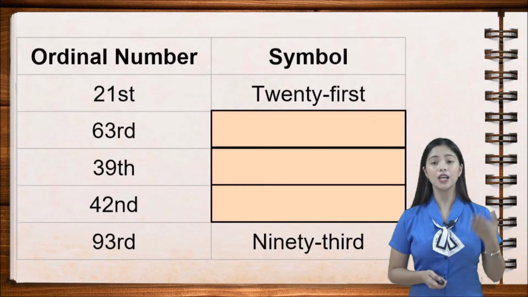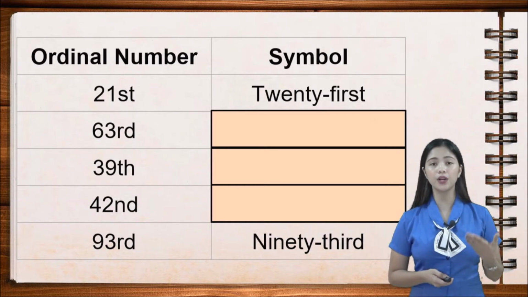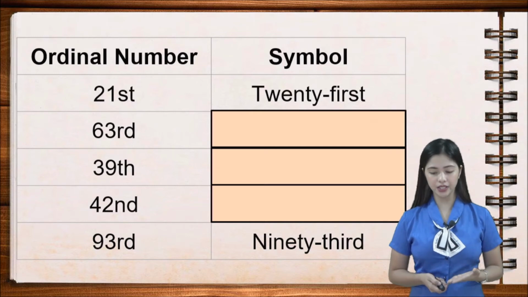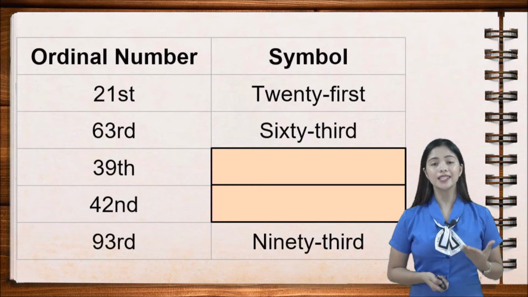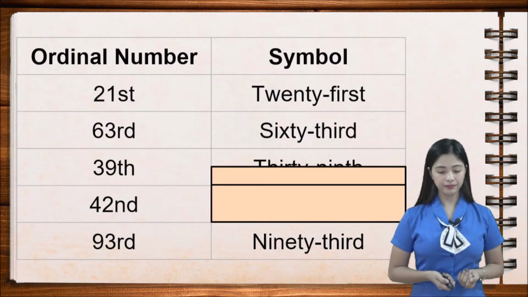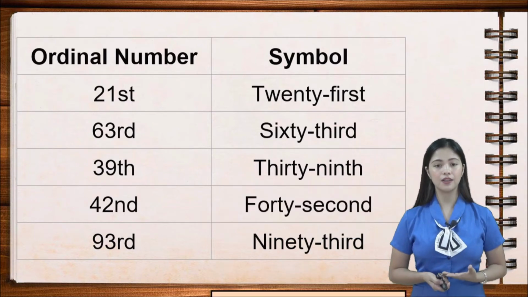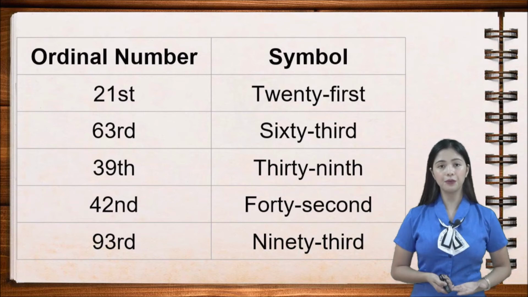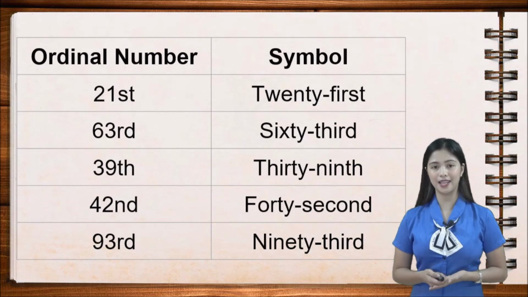As you can see, 20 and 1st. Instead of 21, you are saying 21st. And then the next one, 63rd. So 60 and 3rd. And then 39th. 42nd. So that is how we write them, okay?